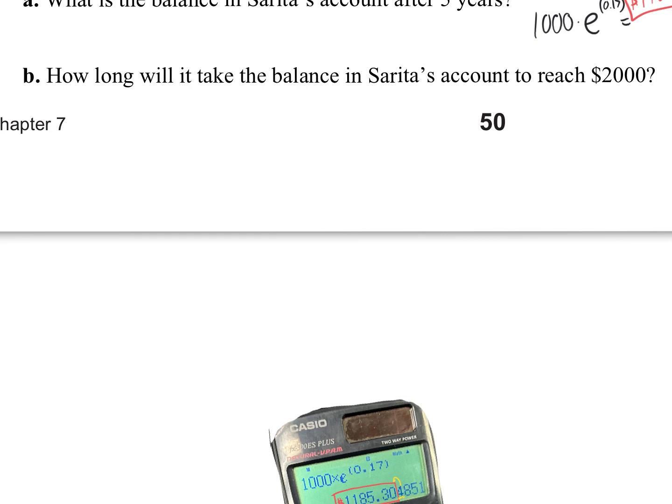So let's write the formula one more time. It's the amount is going to be your principal times the E button to the power of R times T, rate times time, okay? So in this case, they're asking, how long will it take? We don't know time. So that's going to be our variable.